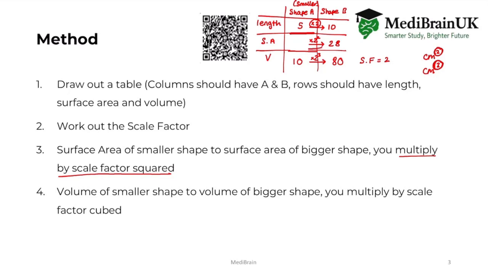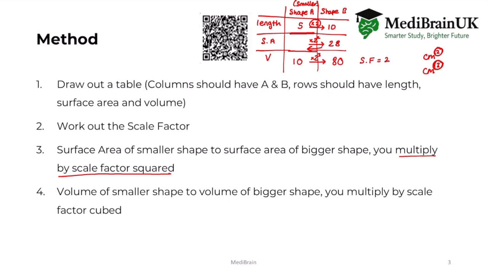When we're going the other way, we don't multiply, we divide. So we would divide by 2 squared. That's how we would get from the surface area of shape B to the surface area of shape A. When we're going from left to right, we're multiplying. When we're going in the opposite direction, we're dividing. Okay. So now we're going to look at an example, and this will make more sense when we look at an example. This is just the method that you would follow.